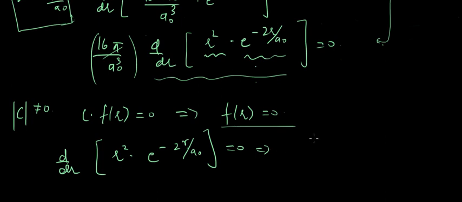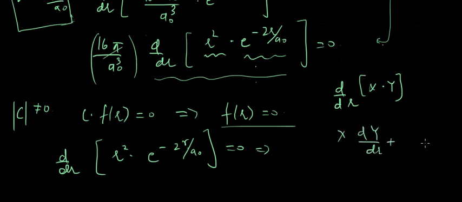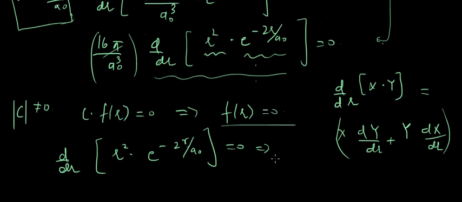I hope you remember that d by dr of x dot y is x dy by dr plus y dx by dr. This is the form for evaluating d by dr of x dot y.